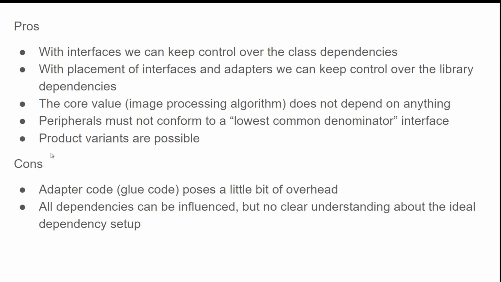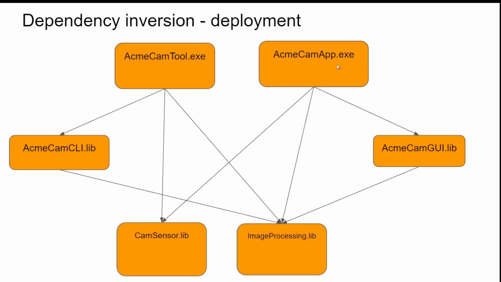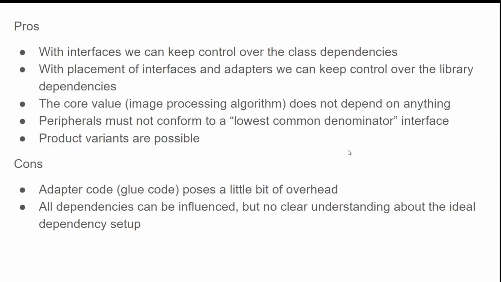So if we have, let's say, a more complex and advanced UI and a simple UI, maybe we can cover it with this Acme camera application by just instantiating another panel from this GUI library. But if you have something more fundamentally different, for example like the CLI tool, then you will have to involve other components and remove maybe some that are not usable for that scenario.